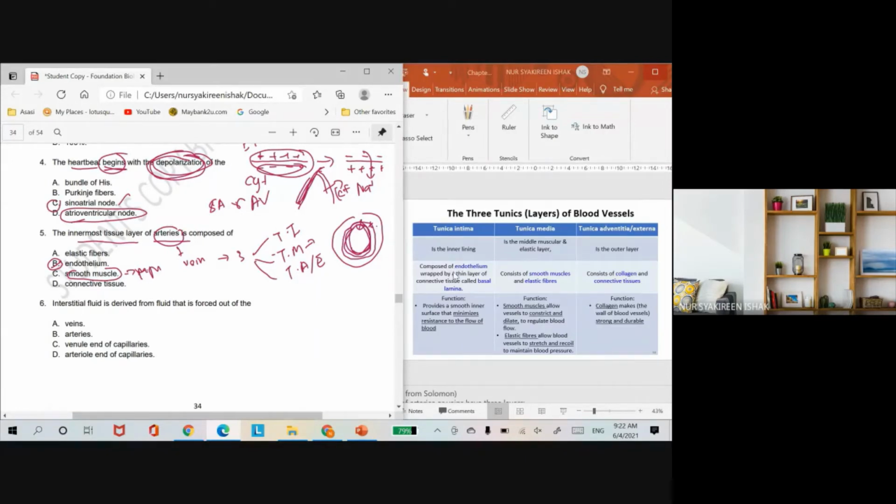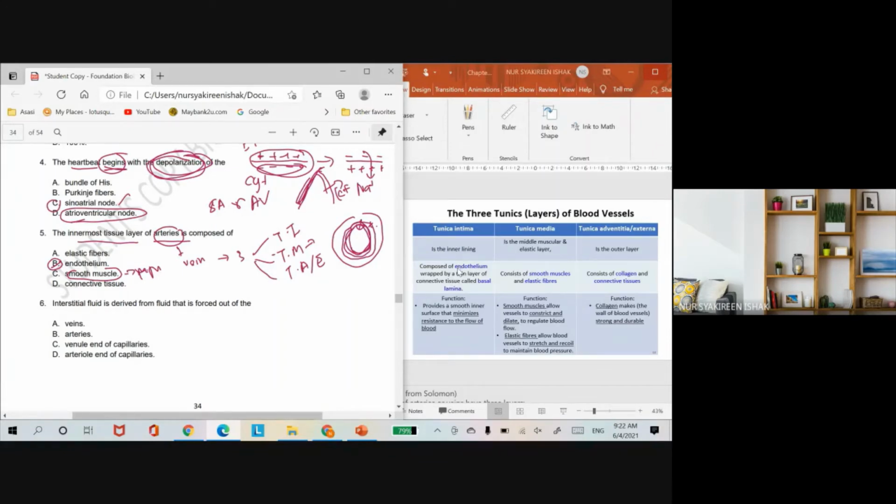So the blood capillaries have to be 1 cell thick, very thin, in order for the exchange of respiratory gas to occur, and also to allow nutrients to diffuse out of the blood into the interstitial fluid into your body cells. So blood capillaries have to be thin.